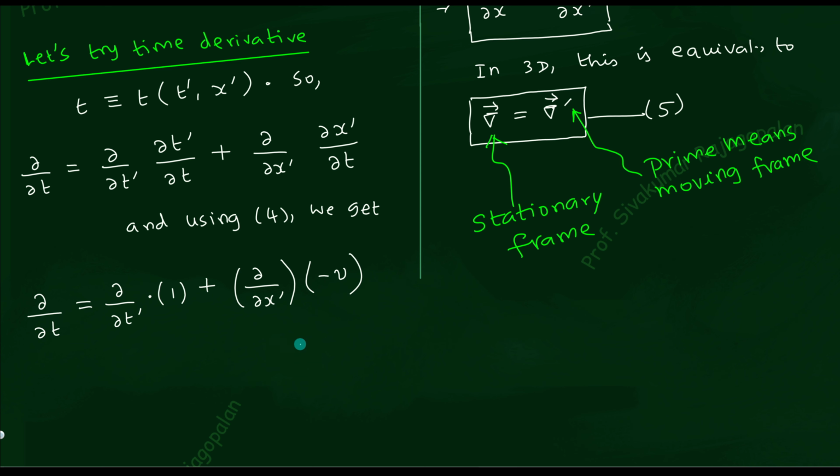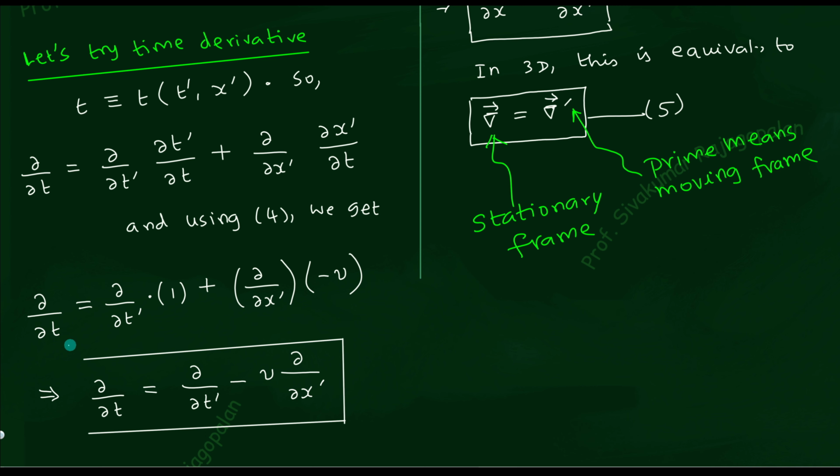So minus v is coming from equation number 4. Now you simplify. ∂/∂t is given by ∂/∂t' minus velocity v into ∂/∂x'. That is the only simplification we can make. Let us call this some equation number.